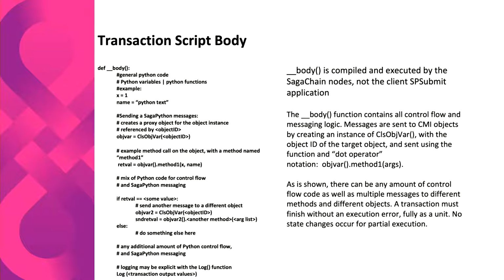The one thing you'll notice as a difference between regular Python and SagaPython is that if you look at the word obj_var, there are parentheses after it. The reason for that has to do with returning a proxy stub object, which I actually show a diagram of later if we get to it. Unfortunately, I really wanted to not have those parentheses, but I also didn't want to modify Python, so we'll live with the parentheses for now.